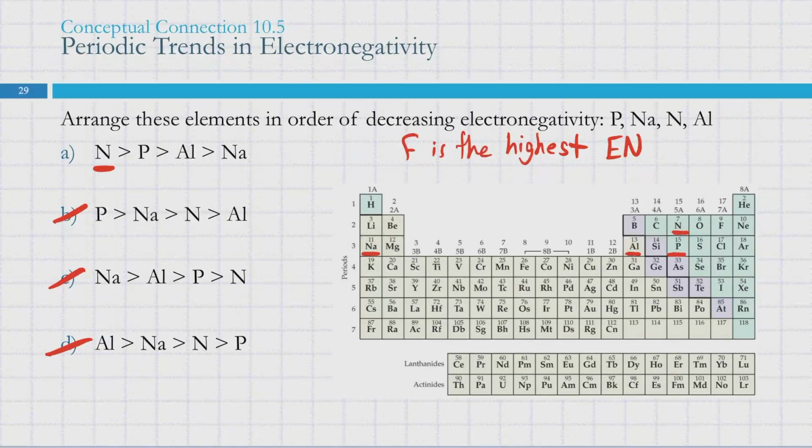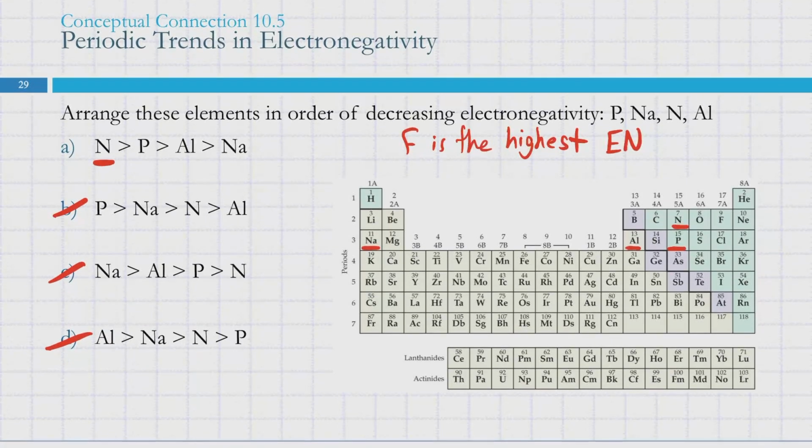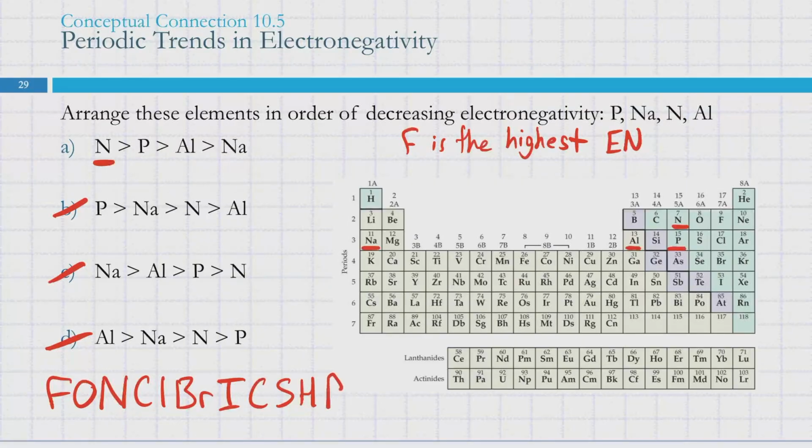There's also a mnemonic for remembering electronegativity order that I think I've memorized a little bit wrong. I don't remember if the I goes here, or if it goes here. The mnemonic is Fonkel brick ship, which I only remember because it's weird.